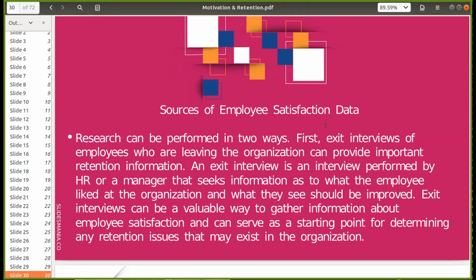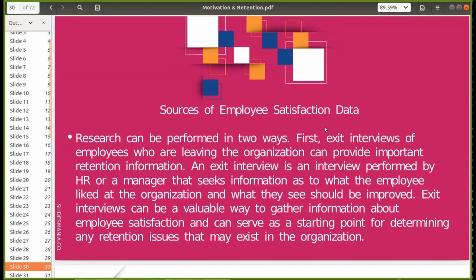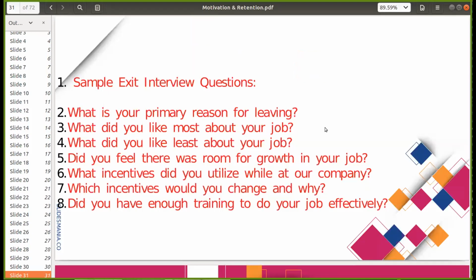So that they can gather information about employee satisfaction, and that way, they could determine any retention issues that may exist in the organization. So yan na-experience ko bago ko finally umalis, after clearance.